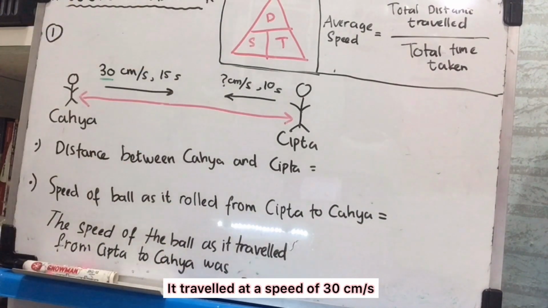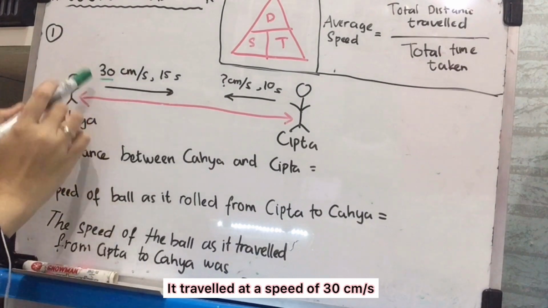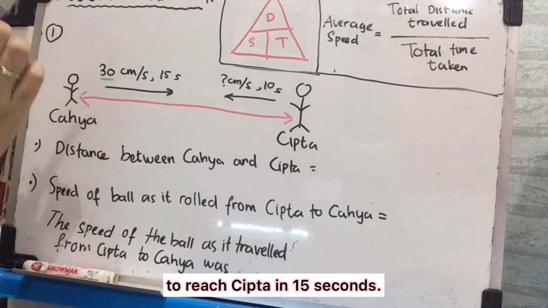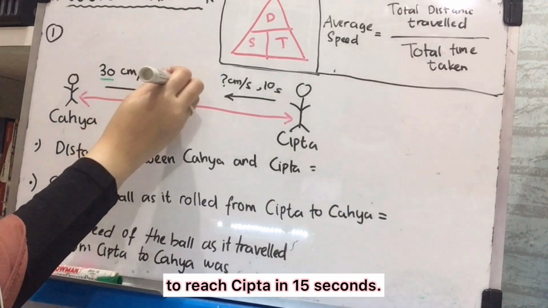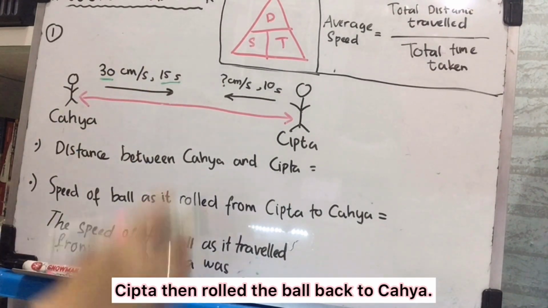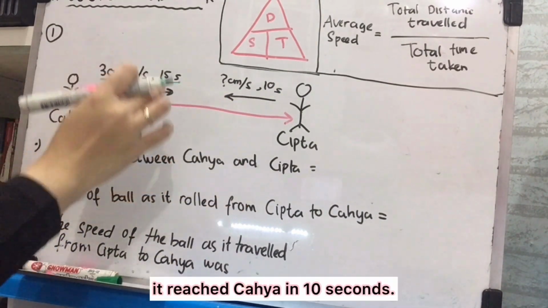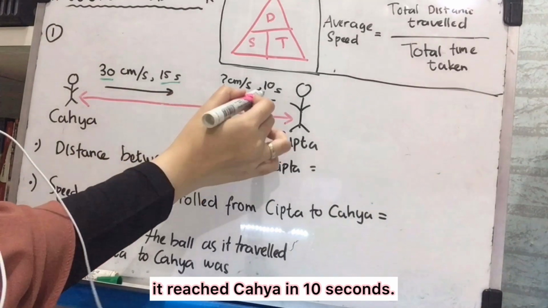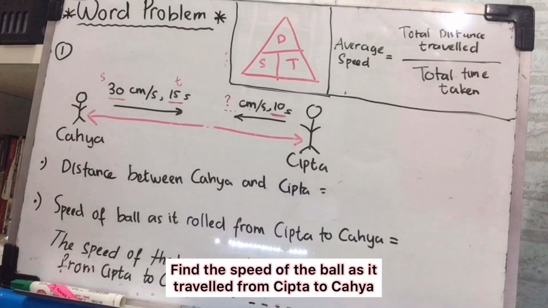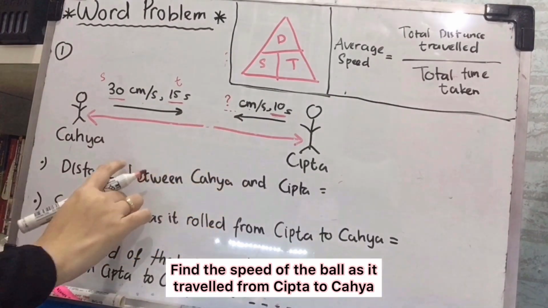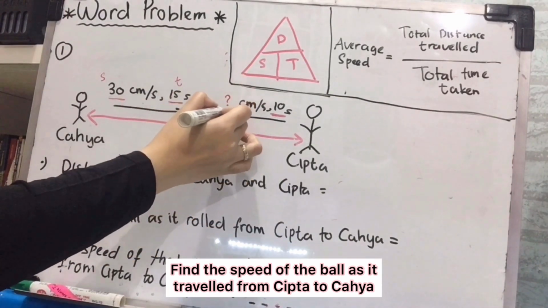It traveled at a speed of 30 centimeters per second to reach Cipta in 15 seconds. Cipta then rolled the ball back to Cahya. It reached Cahya in 10 seconds. Find the speed of the ball as it traveled from Cipta to Cahya.